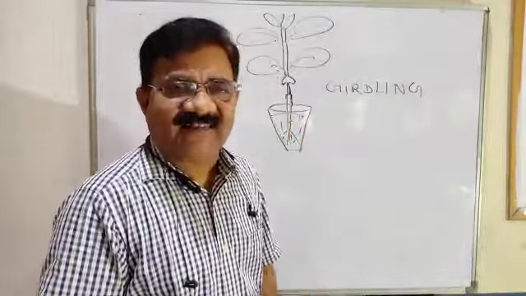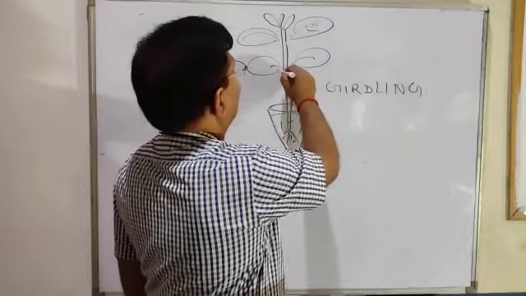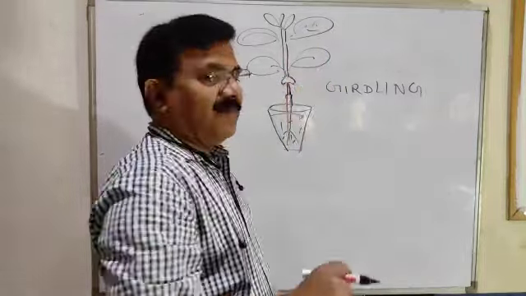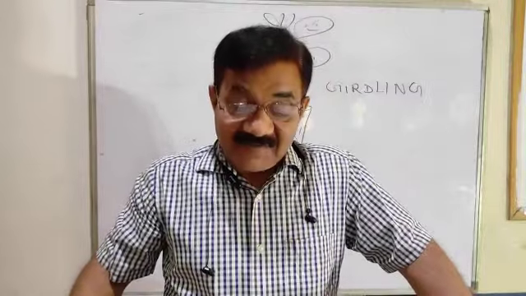Food prepared in the leaves will be transported to the lower part. Here the phloem is removed, so there will be deposition of food here, and the lower part will swell, and slowly the lower part will die, and roots will come out from here, and the plant will start from this part. So what does it prove?